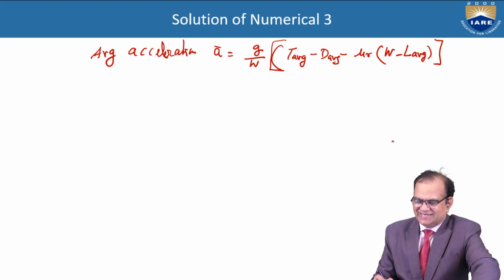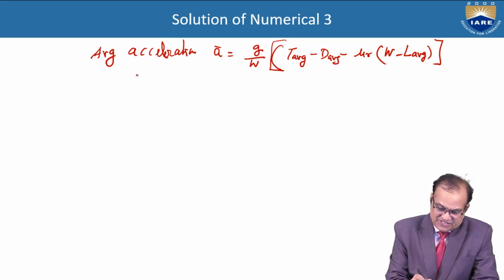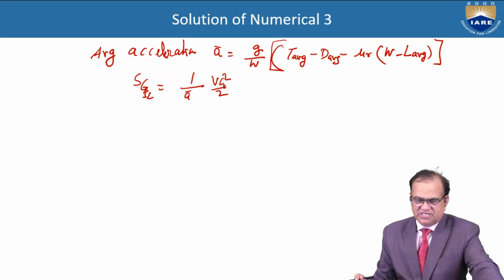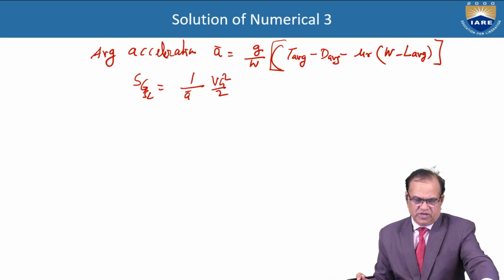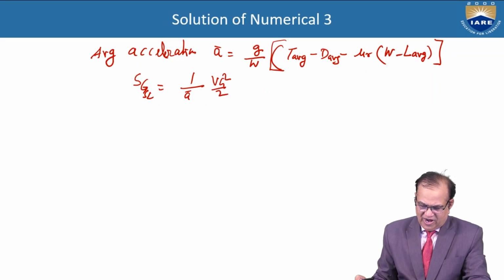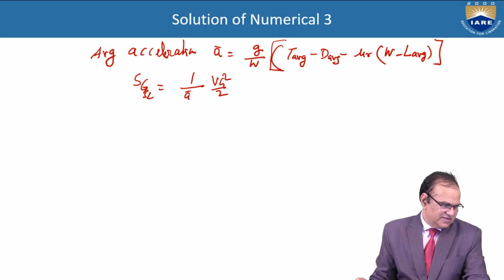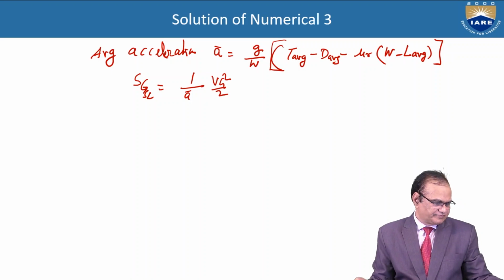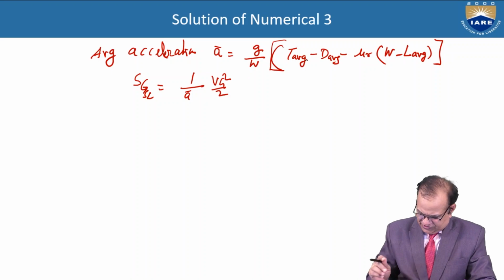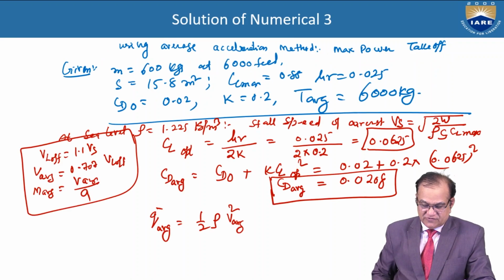And we can see that SG at sea level is equal to 1 by A bar times Vg square by 2. So now by using this we can find out all the parameters whatever required, and we can solve this problem. So we know the W, we know the T average, as we have seen in the previous questions.